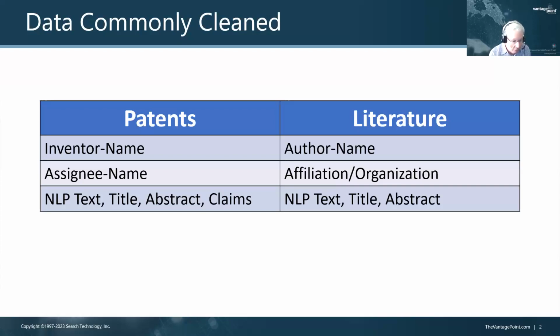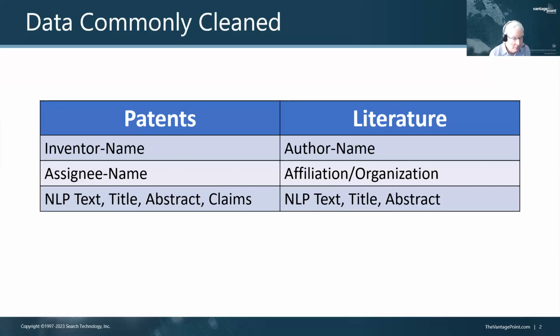There's two data sources that are commonly used: patents, IP literature, and then scientific literature. And the three data types that we're going to be spending time on happen to be the person's names, the inventor names, the author names, and the assignee or affiliation organization names.